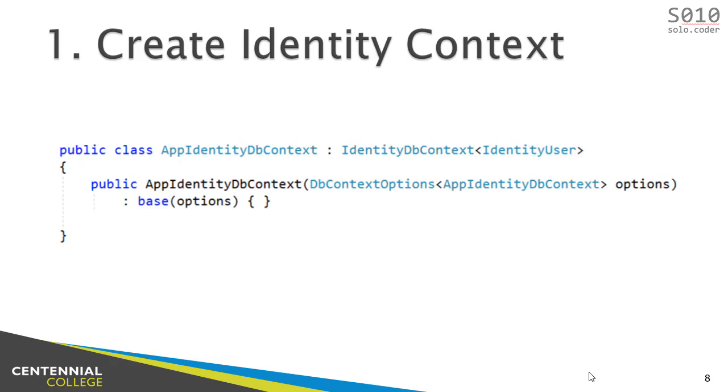This new context can be named anything you want, but it has to inherit from identity database, because we are using the identity framework provided by .NET Core, okay?